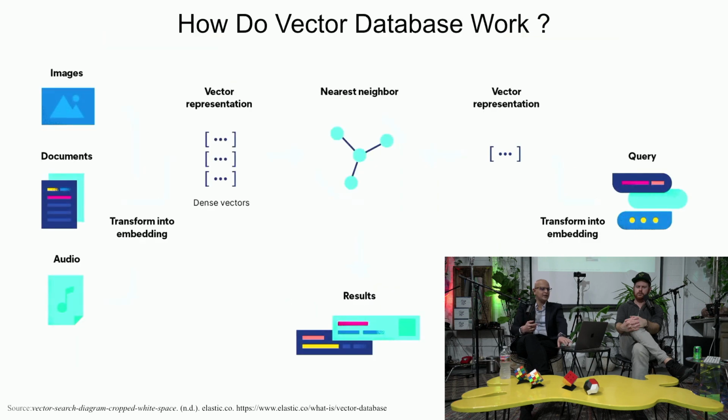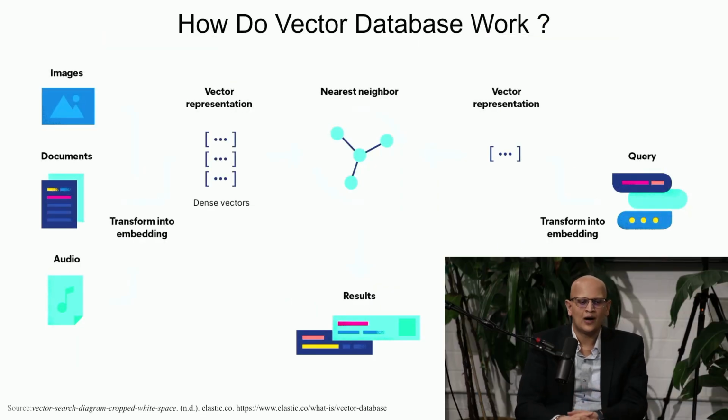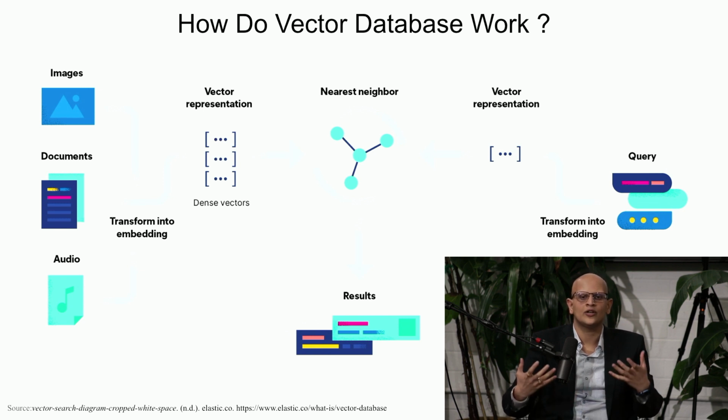Next slide. But let's dive into how these vector databases actually work. Like how are we using this for querying, for using that as a traditional database, which is information retrieval and storage. So as I said, vector databases do not store your data as is. They store the representation of that data.